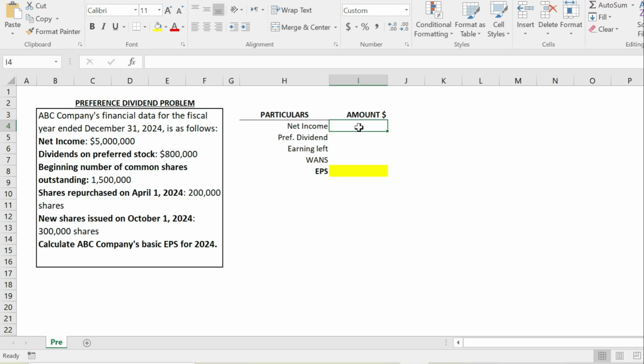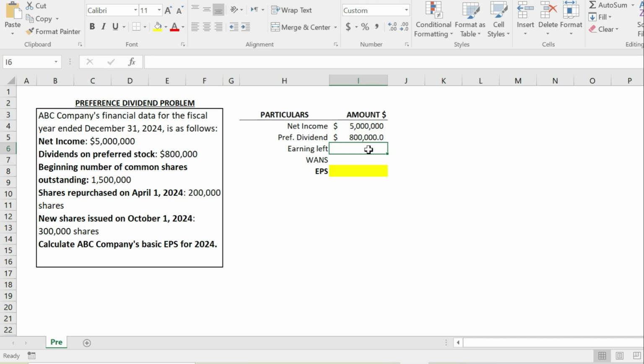We have the net income, which is 5 million, and the preferred dividend, which is 800,000.